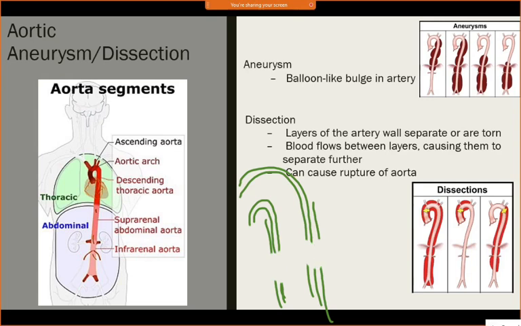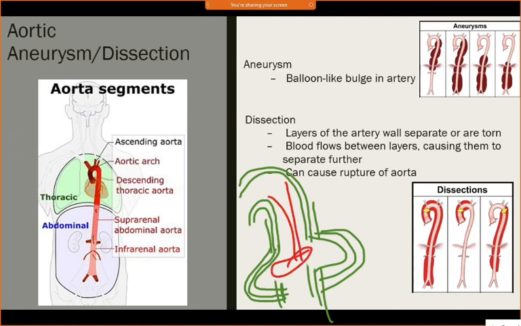And when you have an aortic aneurysm, it bulges out, but your vessel walls are intact. And what happens when it dissects is now blood flows in there. So let's draw some blood flow. Blood flow is kind of turbulent in there, and it swirls around, but it keeps moving.